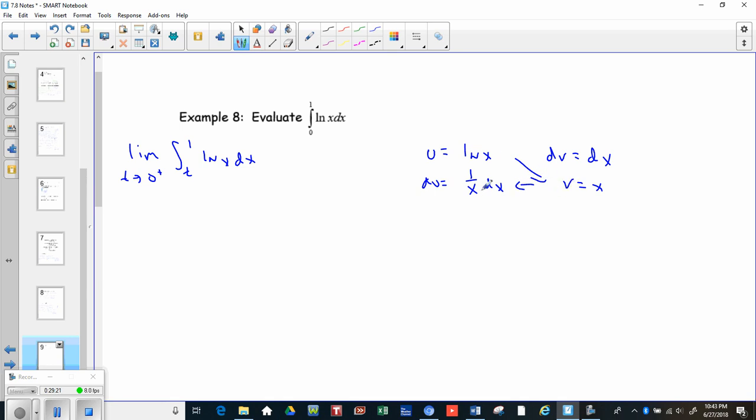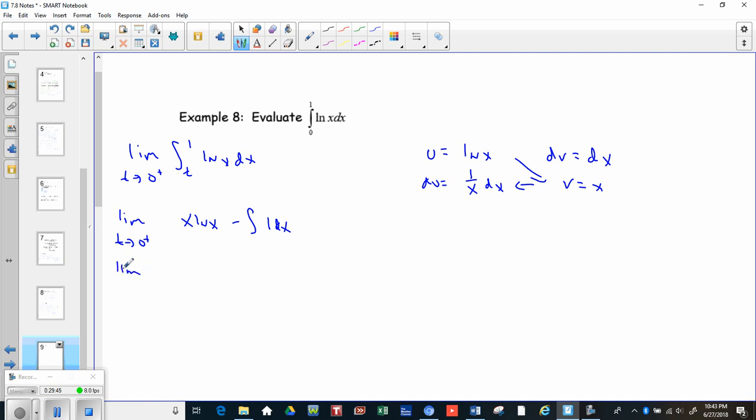So it's going to be uv minus the integral of v du. So limit as t approaches 0 from the right of uv, so it's x ln x, minus the integral of v du. x times 1 over x is just 1, so this is just 1 dx.